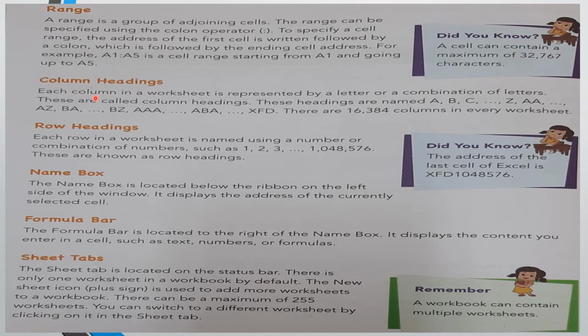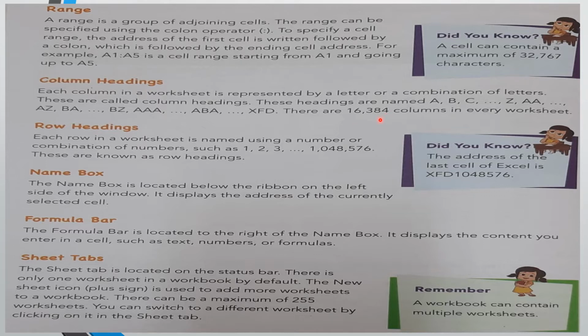Next is column heading. Each column in a worksheet is represented by a letter or a combination of letters. These are called column headings. These headings are named A, B, C, and so on. Children, the last column address is 16384.